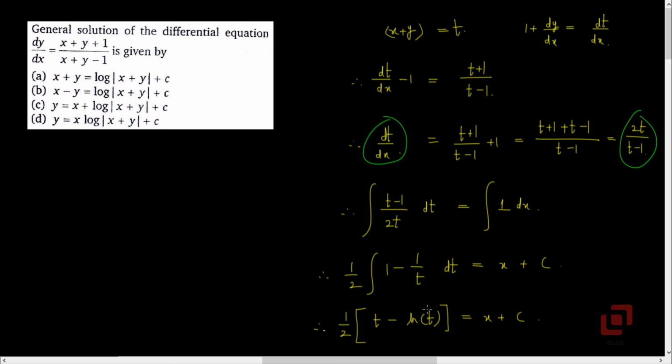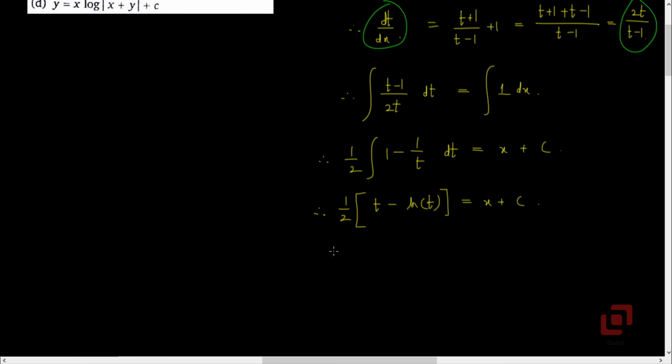Let us now replace t by x plus y. Therefore, x plus y minus log of x plus y equal to 2x plus 2 into c, which will be c dash. I brought this 2 to the right hand side.